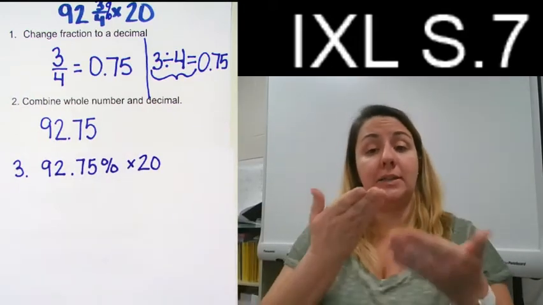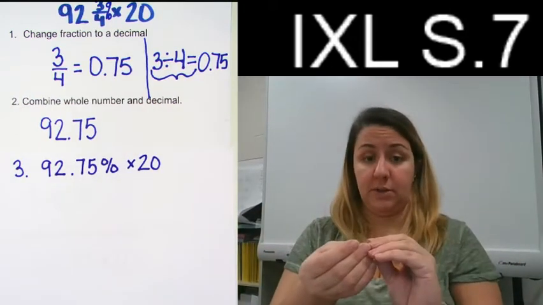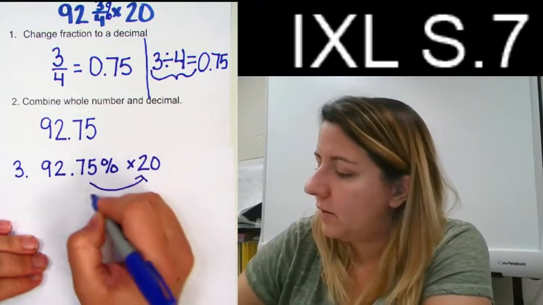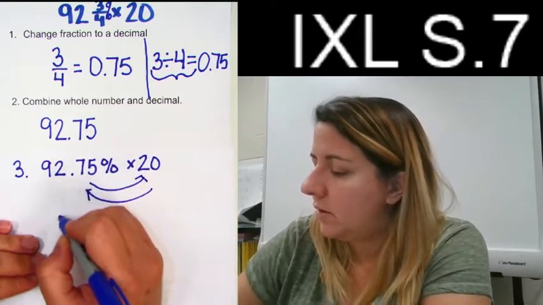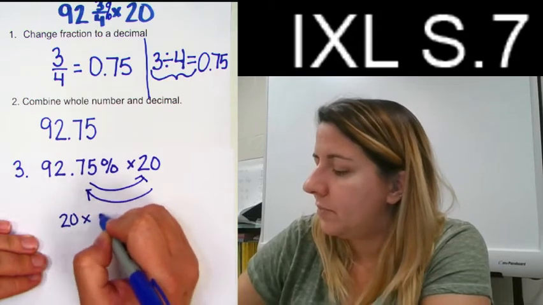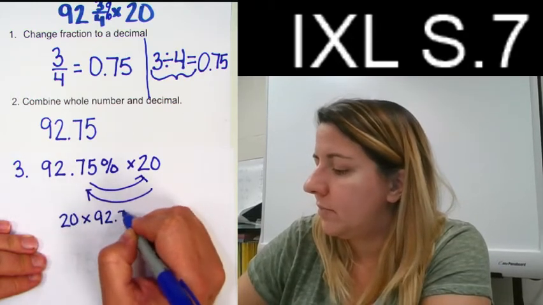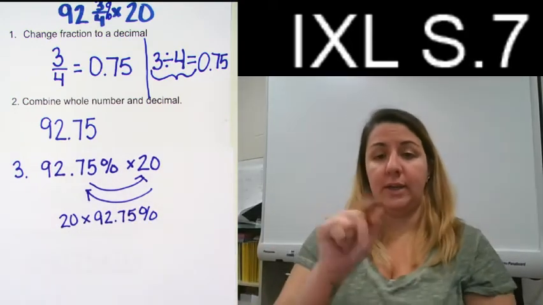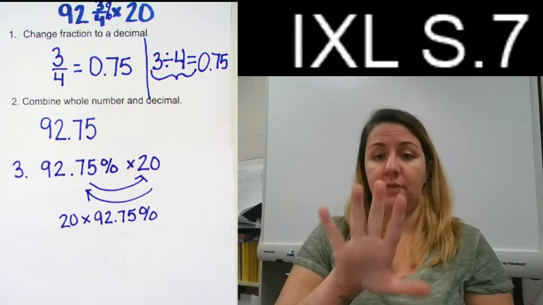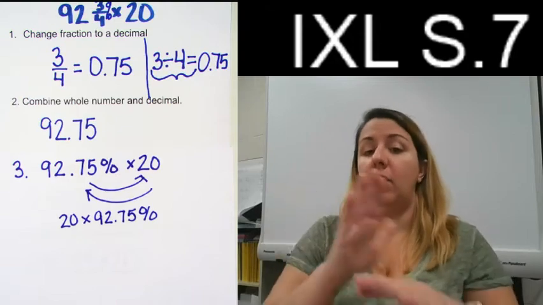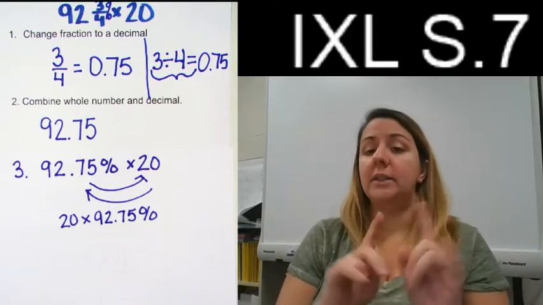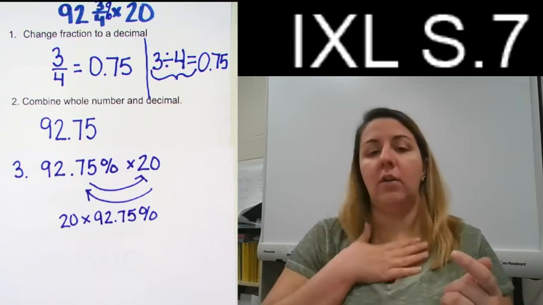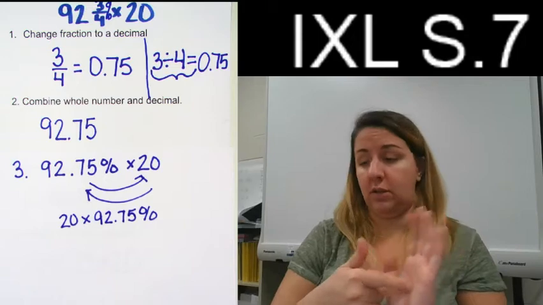Now, I suggest you switch those numbers. Meaning what? 20 times 92.75%. Now, on a calculator, it's going to be different how you do it. So, on my phone, I'm going to show you.